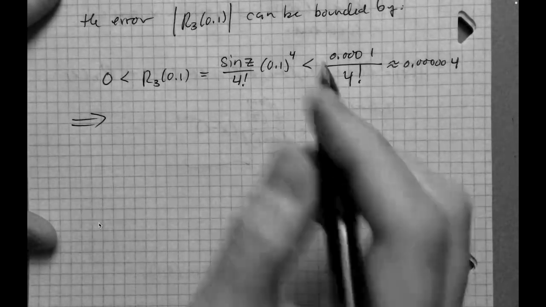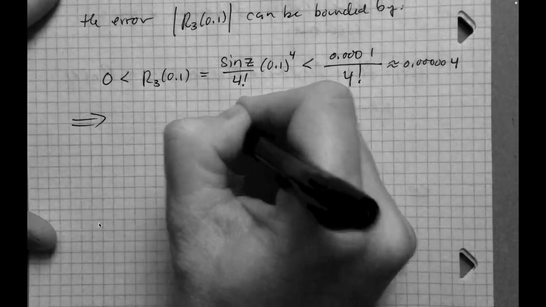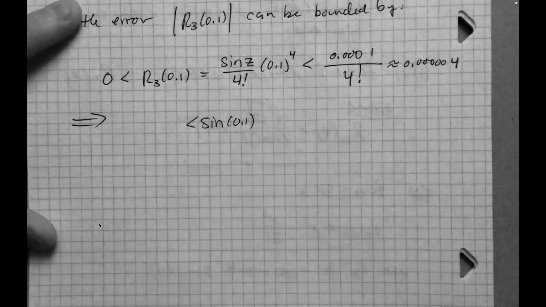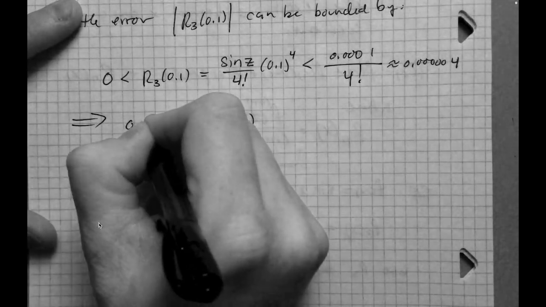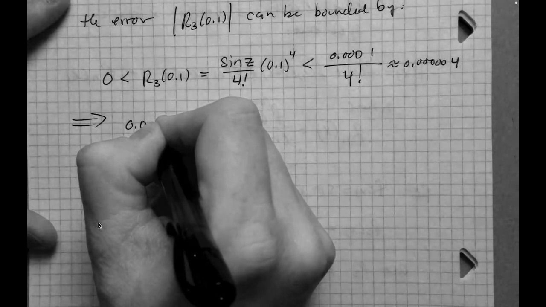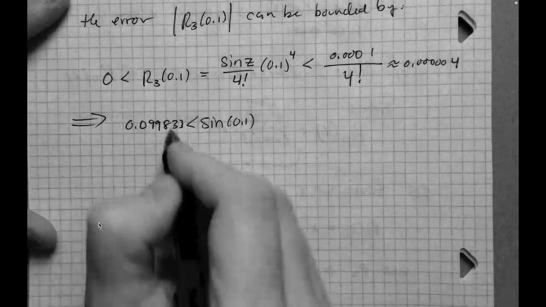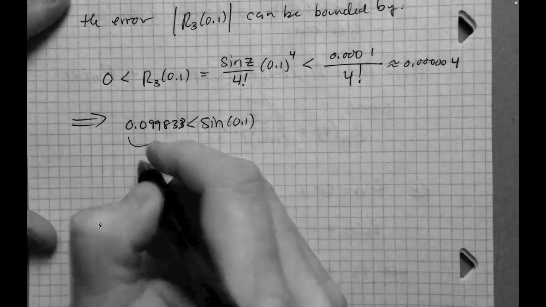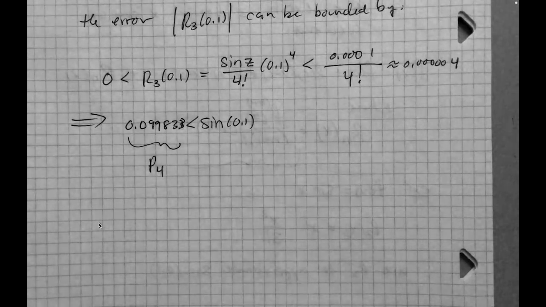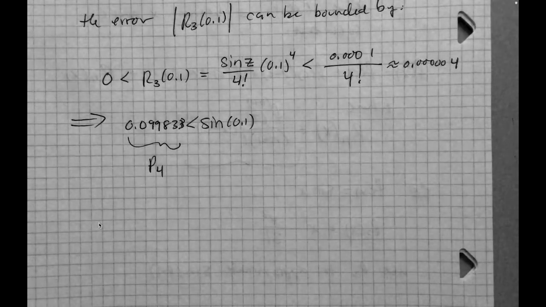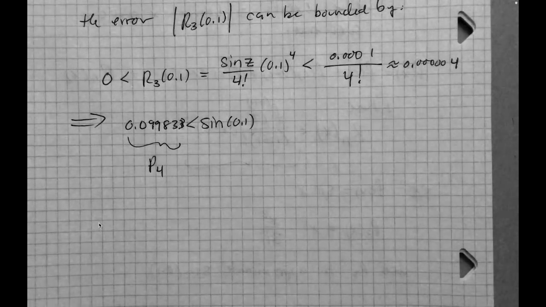So all of this would imply, since this is just the remainder, that sine of 0.1 is somewhere between 0.099833. Now this was strictly the P3. We know that that's low, because there's a bunch of terms left off.